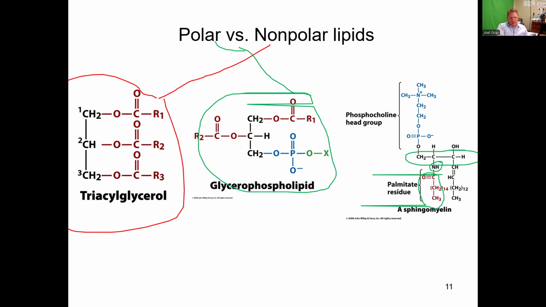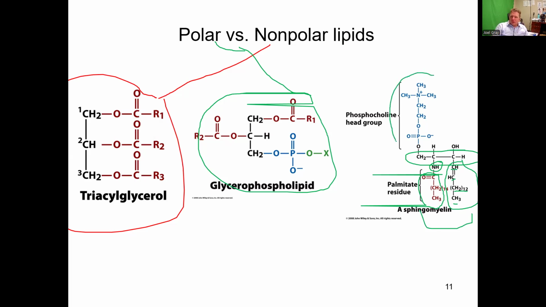Now, palmitate is the one instance where I want you to know the common name because it's unique here. A sphingomyelin is always going to have a palmitate on this amino group on this kind of glycerol backbone. It's also going to have this chain right here that is 14, 15 carbons long. And then these 2 groups are going to be fairly non-polar.